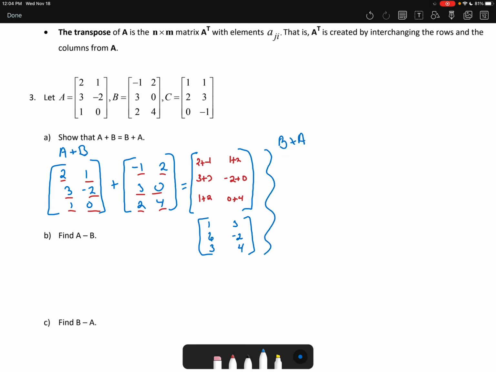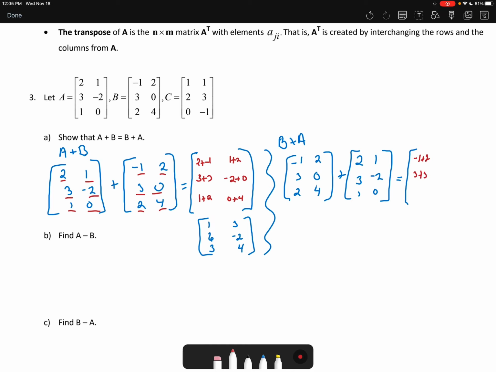Let's check out B plus A now. So what if I reverse these? The claim is that that does not actually change the answer. What if I take B first and then add A to it? I think we can pretty easily see that since adding in either order without a matrix is commutative, adding inside of the matrix is also going to be commutative because I'm going to get the same additions just in reverse.